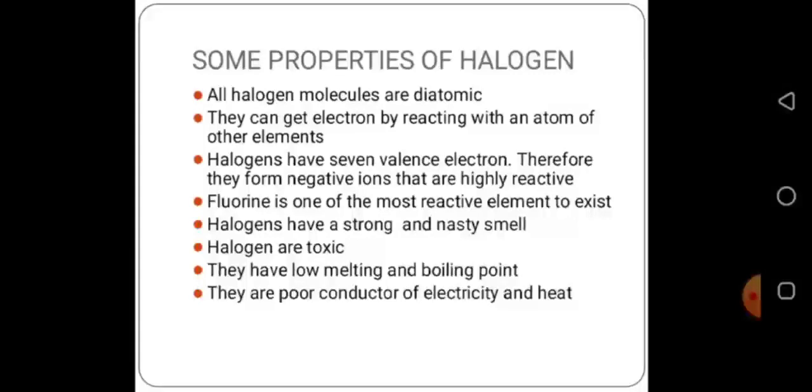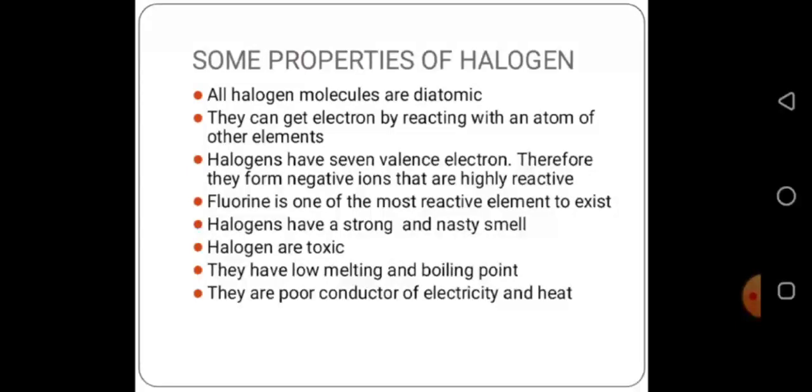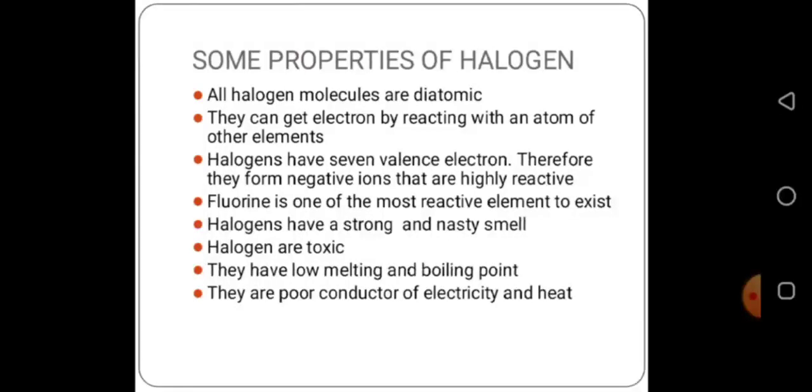That means all the halogens are looking for a single electron to become octet. So they react with one electron from the other element, especially metal. Halogens have 7 valence electrons. Therefore, they form negative ions that are highly reactive.